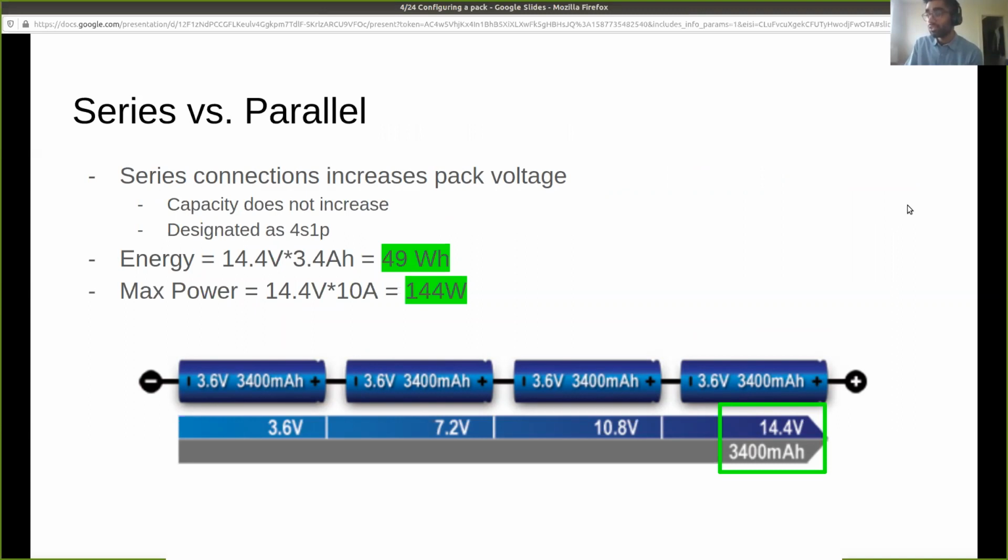If we wanted to calculate how much energy it could store, we take the voltage, 14.4 volts, multiply it by the capacity, 3.4 amp hours, and we get 49 watt hours of energy. And to see the maximum power this thing can put out safely, we look at its voltage and its current, and we calculate 144 watts. So those are 2 key metrics for this battery pack that we put together by connecting cells in series.